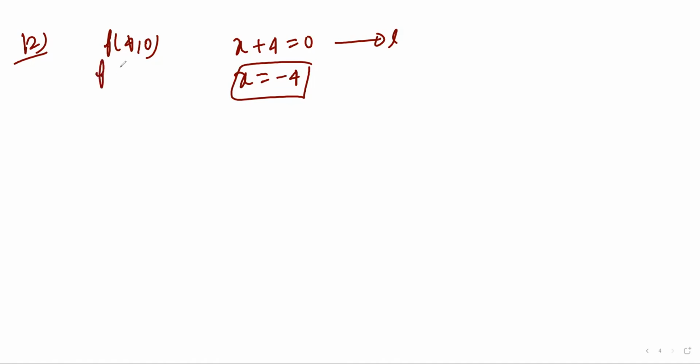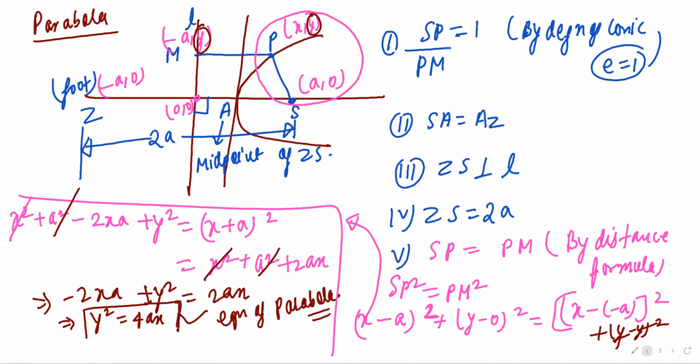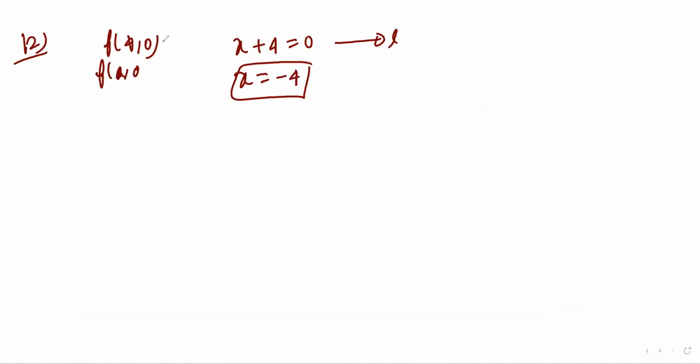By comparing with the focus A comma 0, as you can see on the previous slide, the focus coordinate is A comma 0. So by comparing these two points, you get A equal to 4. So the equation of the parabola is y square equal to 4ax.